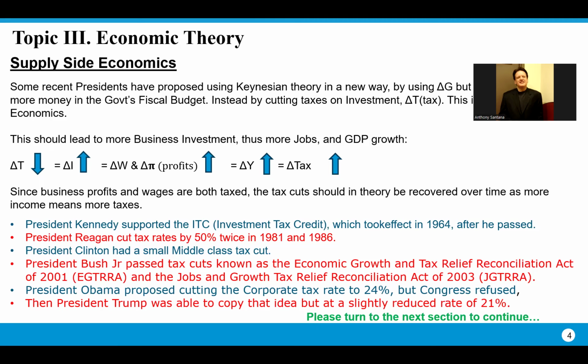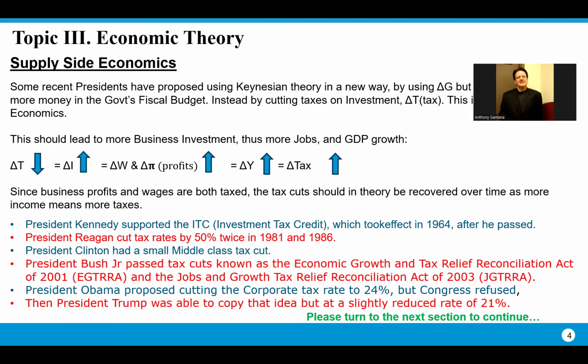So another way to implement Keynesian theory to stimulate the economy is, instead of stimulating demand and stimulating consumption, because demand always has one good effect and one bad effect, as we've covered in the past, you should try to stimulate supply in the short run.